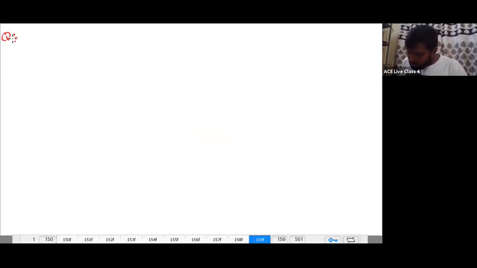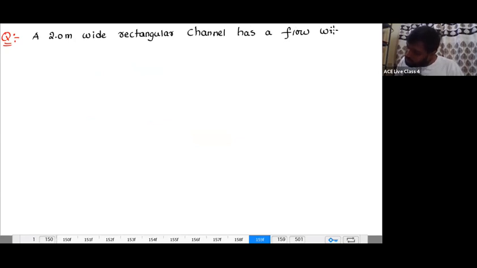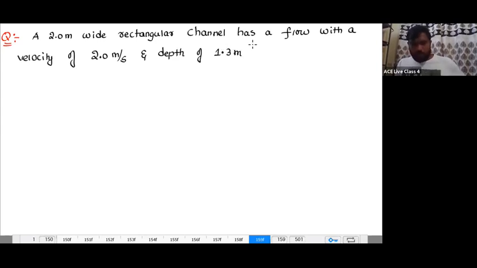Question: a 2-meter wide rectangular channel has a flow with a velocity of 2 meters per second and depth of 1.3 meters.